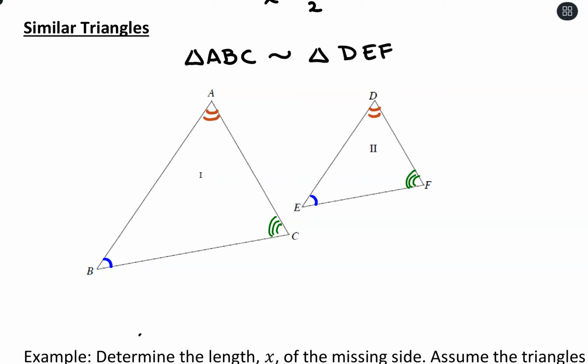And just in terms of notation, that squiggle here means that it's similar. And notice the order that I went in. I went A, B, C, and it has to line up: D matches up with A, so that goes first. E matches up with B, so that goes second. And F matches up with C, so that goes third. So we have similar triangles.